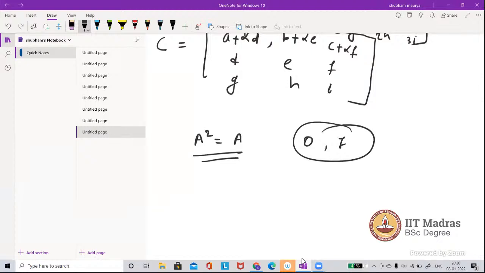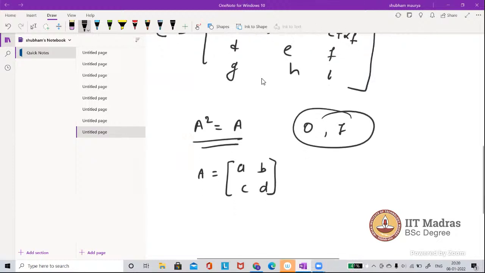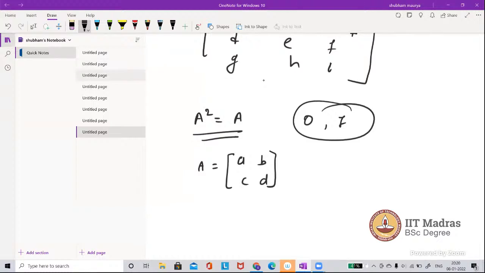But how will we find whether there are such other matrices or not? The best way is we can take a general matrix, with entries as variables. Let's say the entries are A, B, C, D, and say this should happen.